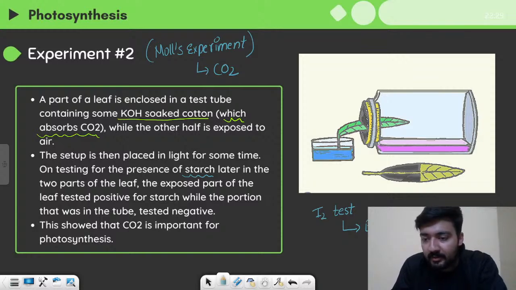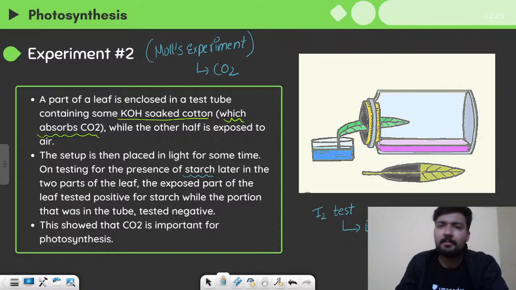It would mean that starch is present. And if no color change is seen, it means starch is absent. Starch is formed due to photosynthesis. See, photosynthesis forms glucose and that glucose is converted into starch, right?